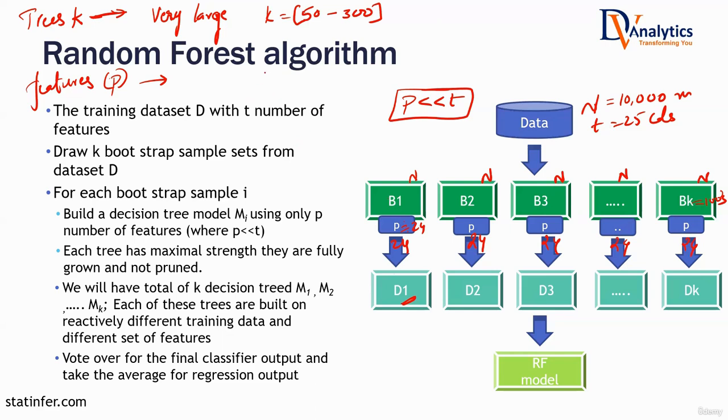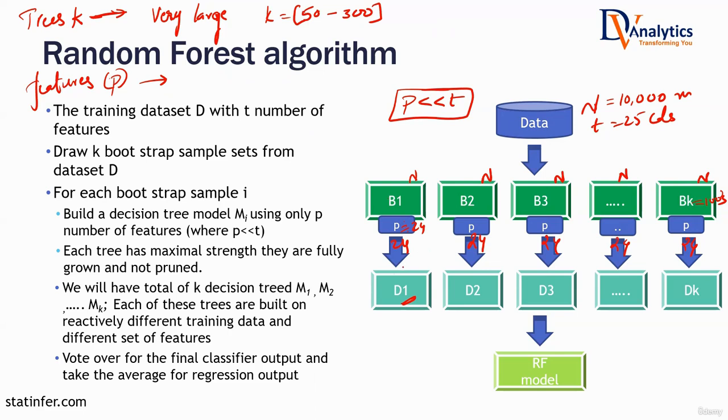What happens if P is a very large number, almost equivalent to T? What happens in that case? There will not be a significant lift in the accuracy. Think of it once again. What was the original issue with random forest that was faced by the data scientists when they first used it? Chances of redundant trees.